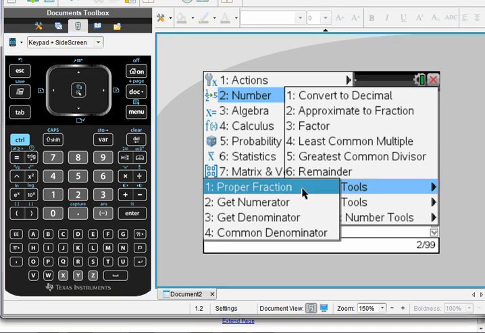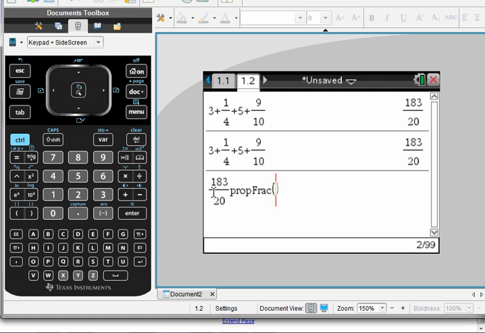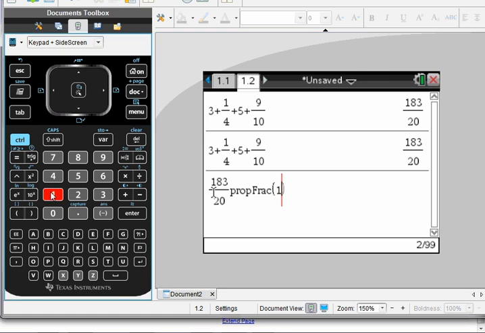I want to get a proper fraction. Yeah, I didn't like that. Now I have to put the 183/20 in there. I could have copied it in there. Now I've got to fix my problem, so I'm going to go back over here and delete my fraction. Now I'm all set. 9 3/20. Is that what I got?